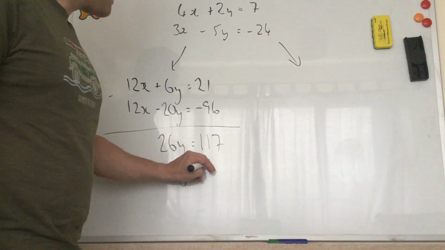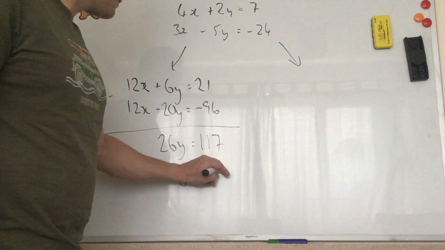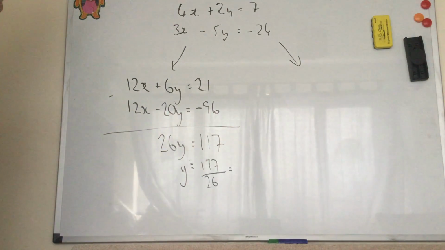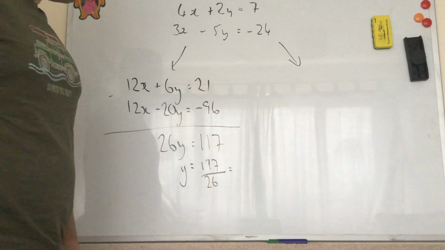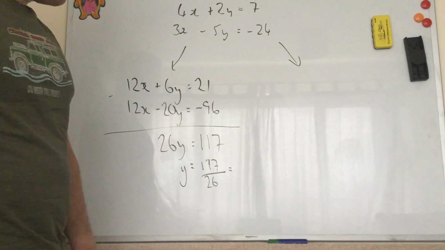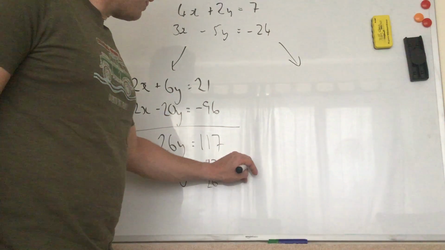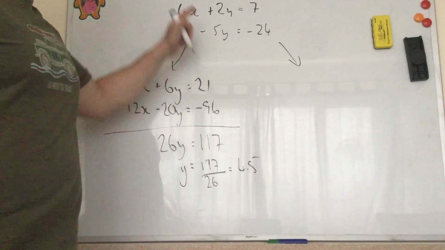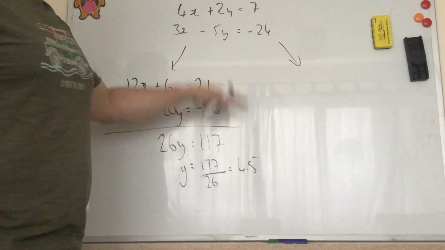So y is 117 over 26, which, if you're amazing with your 13 times table, you've probably worked out, is 4.5.